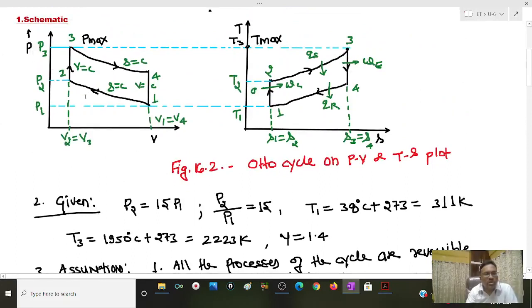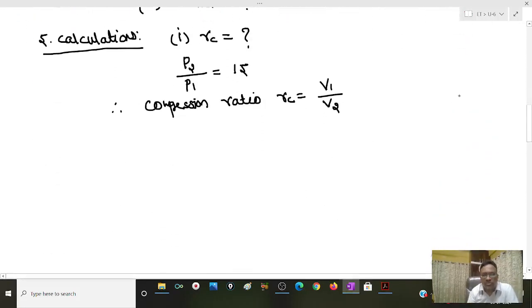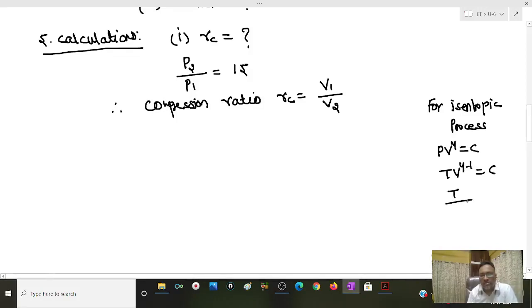Process 1 to 2 and 3 to 4 are isentropic compression and isentropic expansion respectively. So, keeping in mind the nature of these processes, for an isentropic process, I can recall these relationships: PV^gamma is equal to constant, TV^(gamma minus 1) is equal to constant, and T by P^((gamma minus 1) over gamma) is equal to constant.